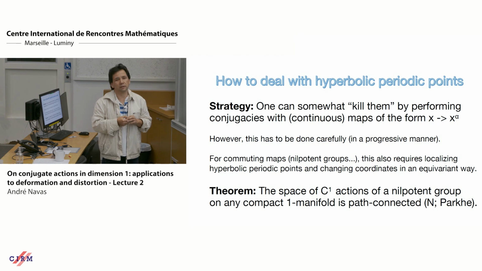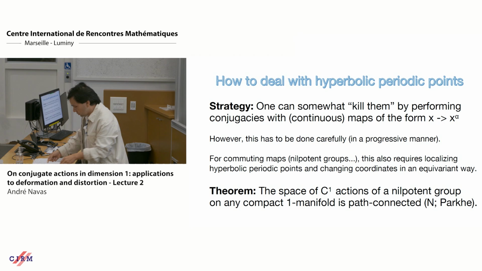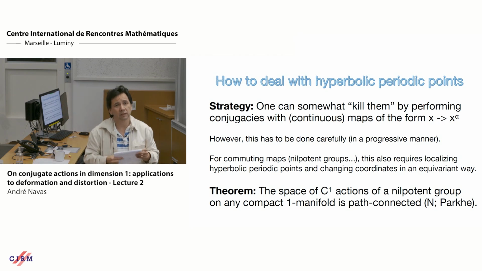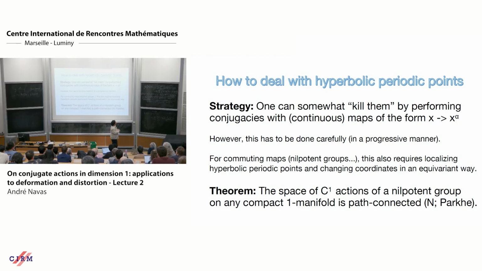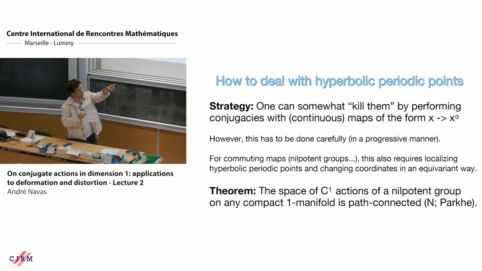So somehow what you need to do is to keep in mind the approach that I mentioned here: what you are trying to do is to look at the logarithm of the derivative as an almost coboundary. And the idea, when you do this in this setting, is to look for Hn for which the logarithm of dHn is no longer an L1 function, but for which, when you perform this conjugacy, you are still C1.